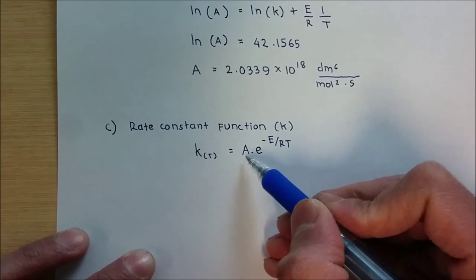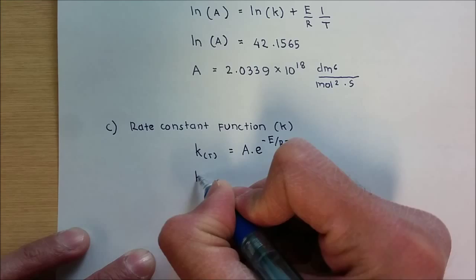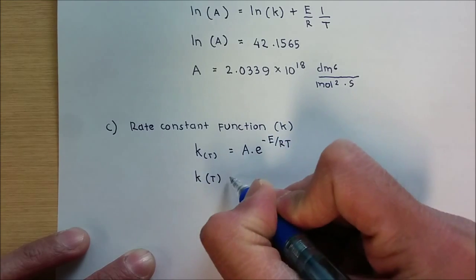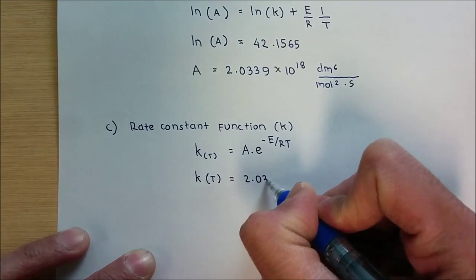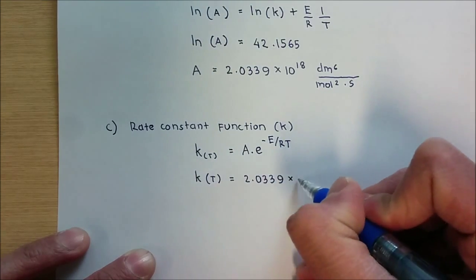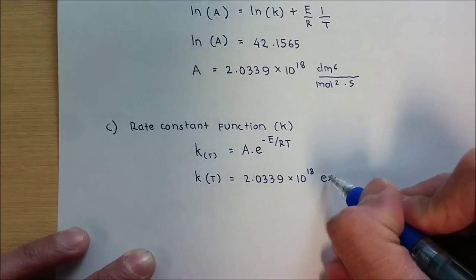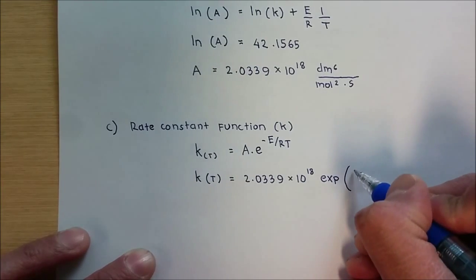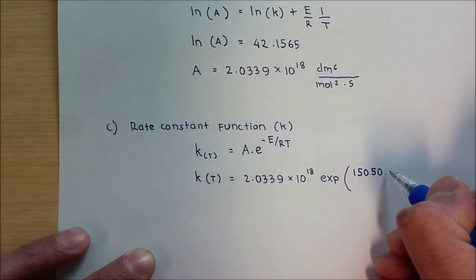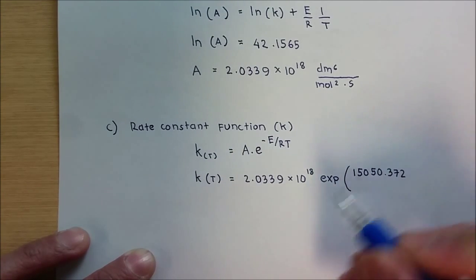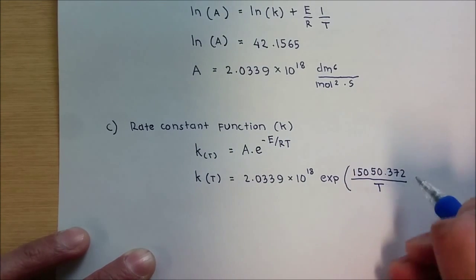Of course, now we have A, and we also have E. So if we put it together, we're going to have k as a function of temperature, which is 2.0339 multiplied by 10 to the 18 exponential of minus 50.372, which is E over R, over temperature.